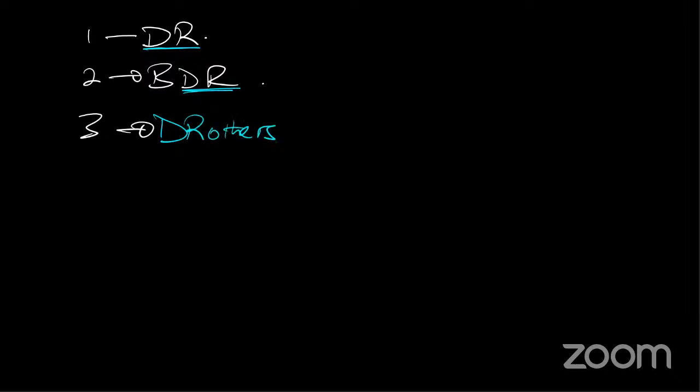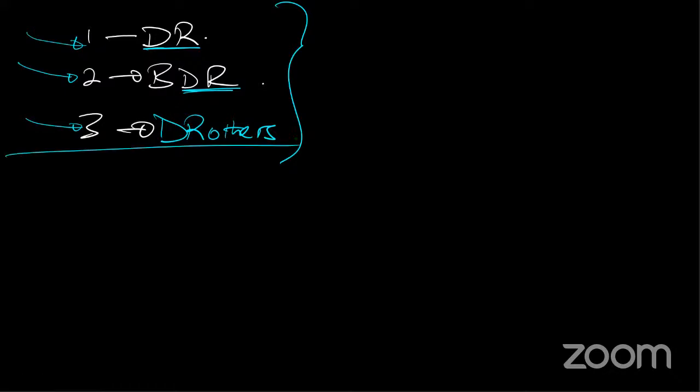This is their name. We have 3 types of OSPF routers: the designated router, the backup designated router, and DR others. They are called exactly as I've said it, DR others. Are we together?